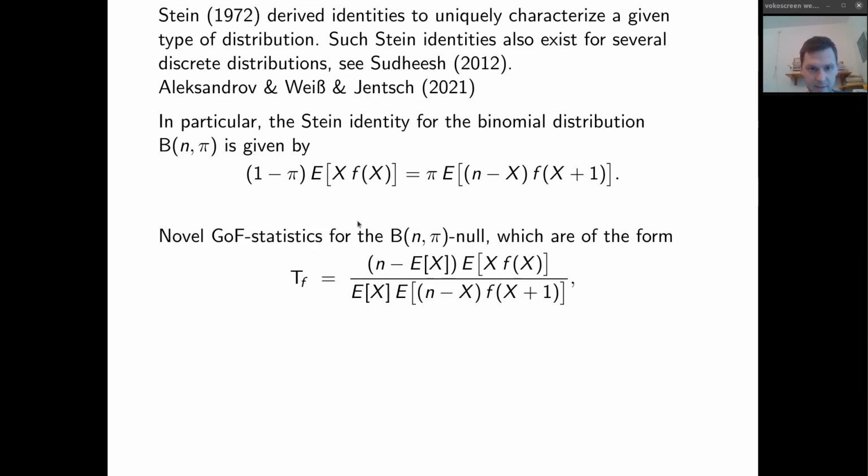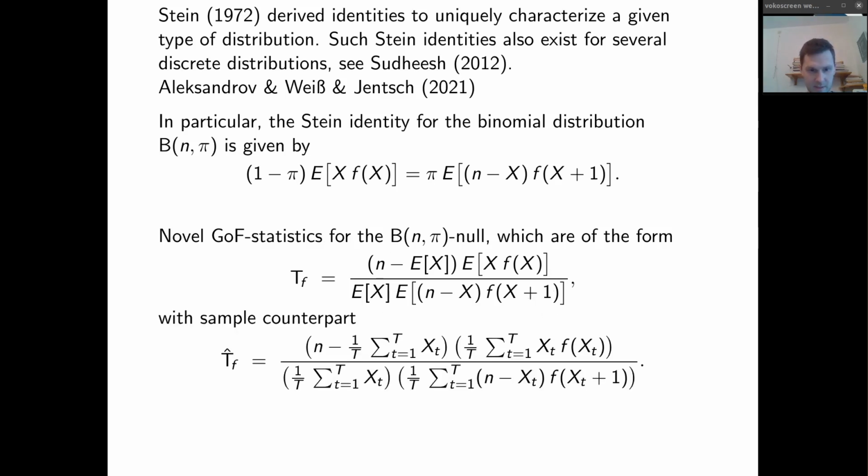If we divide these through each other, we get this one, the statistic and the sample counterpart, and if this deviates significantly from 1, then we can conclude that we have to reject the H0 hypothesis of binomial counts. Here f can be interpreted as a weight function. We have derived asymptotics for the exponential function of minus x.